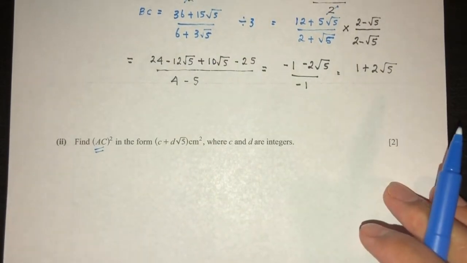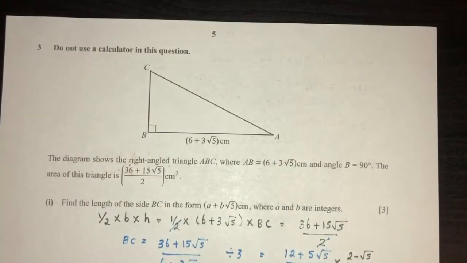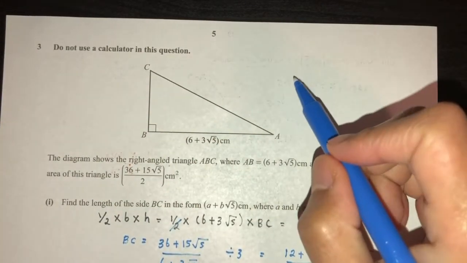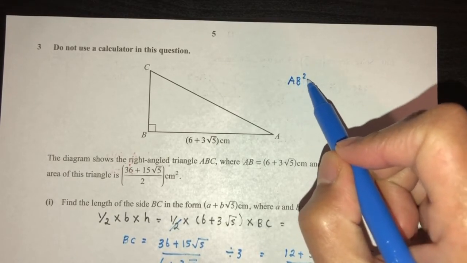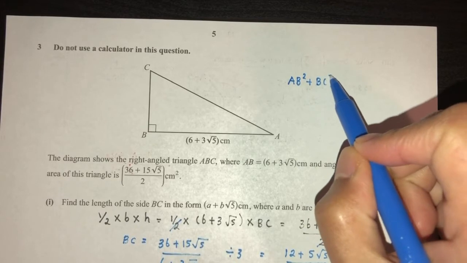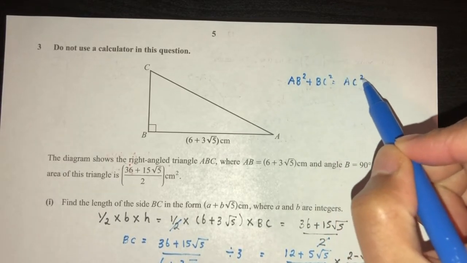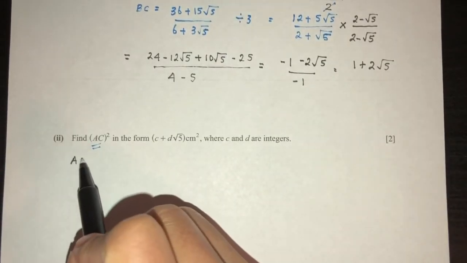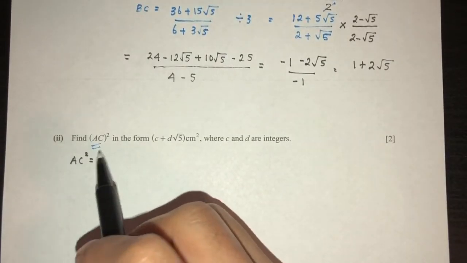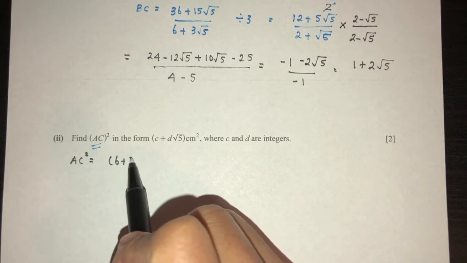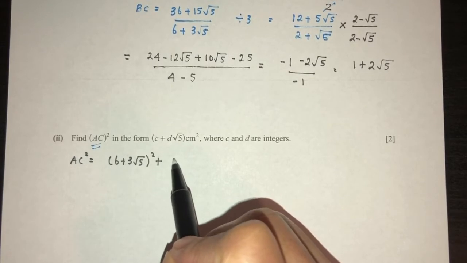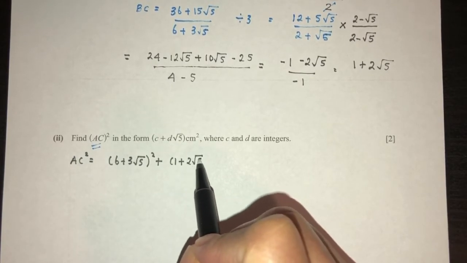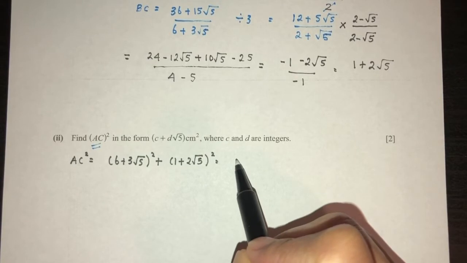If you observe, AC square is pretty easy, because we know that it is a right angle triangle, and we can use the Pythagoras theorem, which says AB square plus BC square is equal to AC square. So let's do that. From here we have AC square is equal to AB square, which is 6 plus 3 root 5 squared, plus BC square, which is 1 plus 2 root 5 squared.